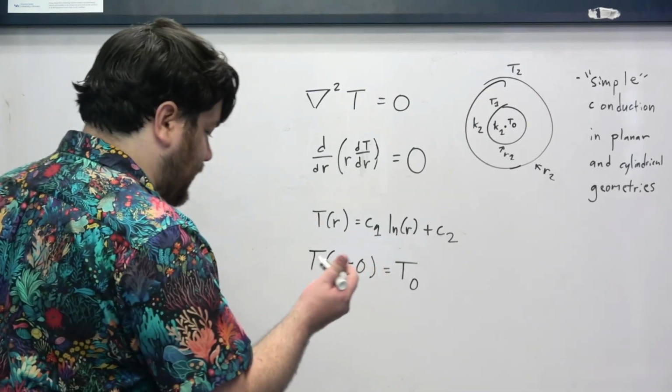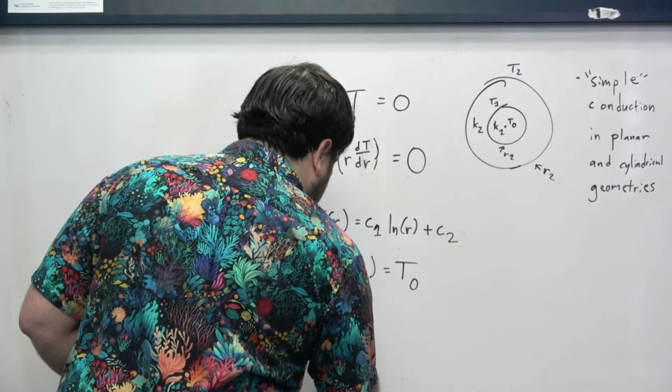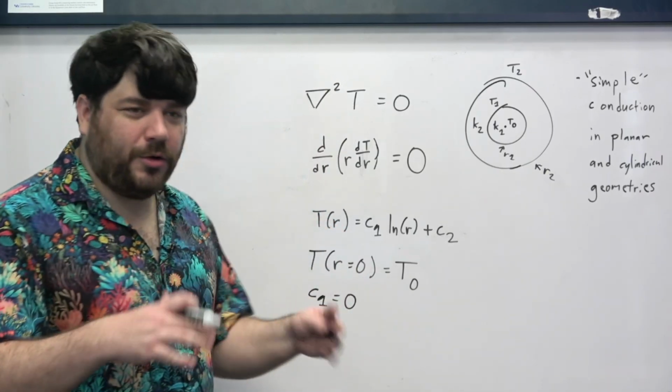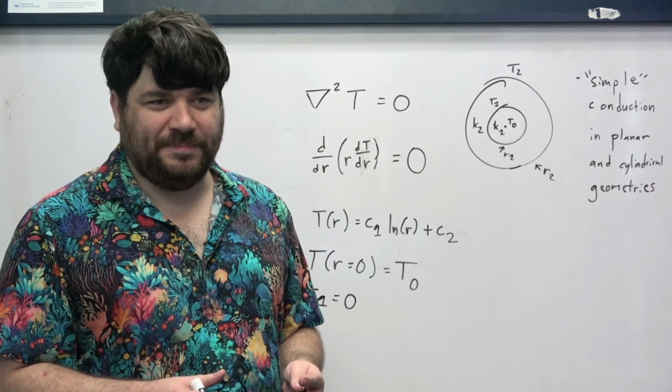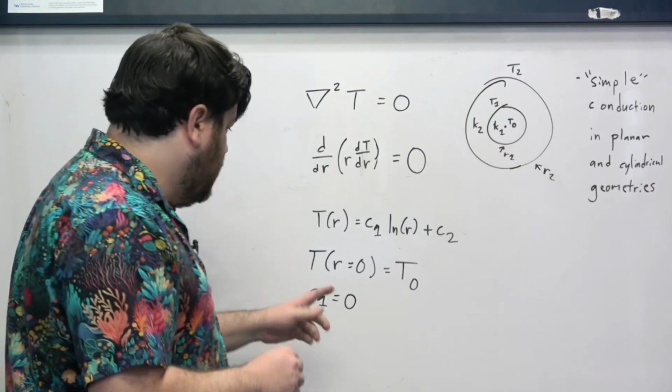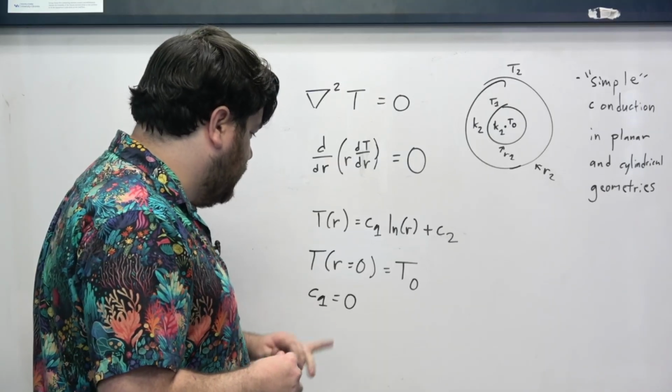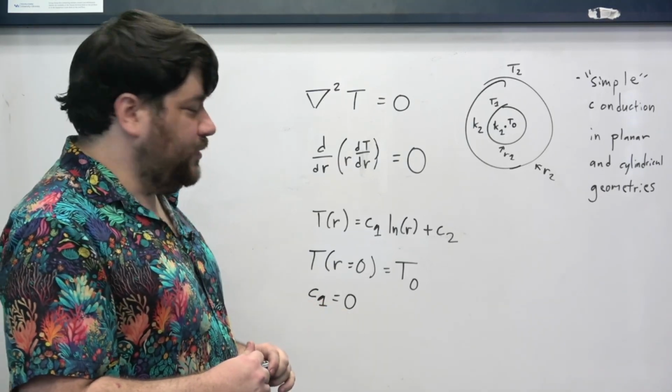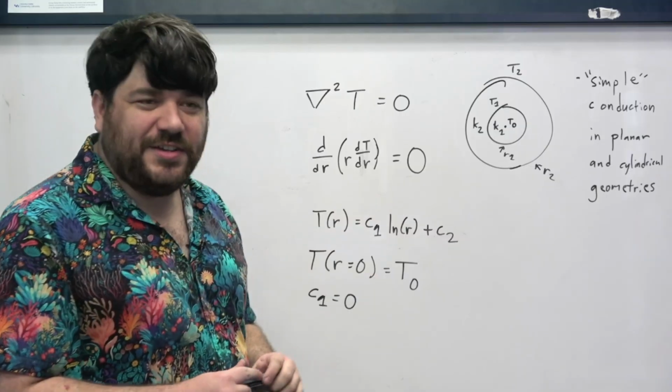We should just say that C1 is equal to 0 in order to avoid the temperature blow up, all right? So if C1 is equal to 0, then what should C2 be?